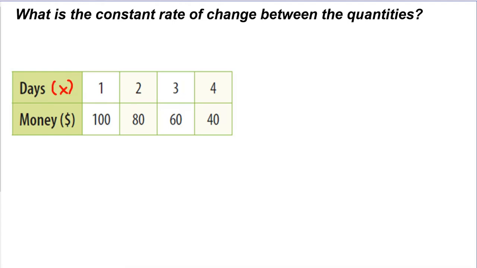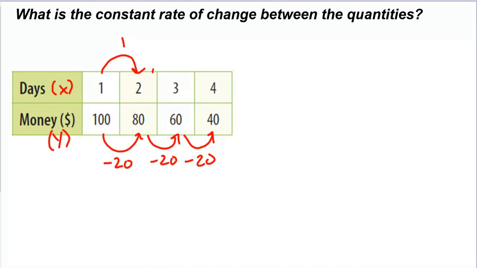These are our x values. And the amount of money is our dependent variable, which is the y values. So looking at the y values, how much are they changing? Well, as each day passes, we are seeing a decrease of $20 for every 1 day of change.